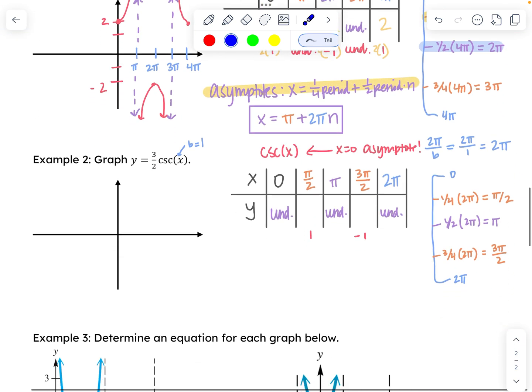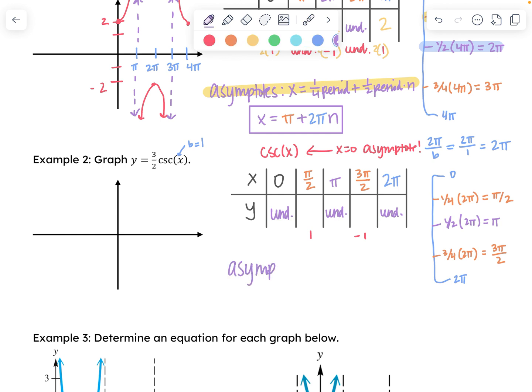Now I just need to see if something is going to change those 1s and -1s, and I need to find the equation for my asymptotes. So let's start with the equation for the asymptotes. For cosecant, the equation for my asymptotes is going to be that x is equal to half of my period times n.